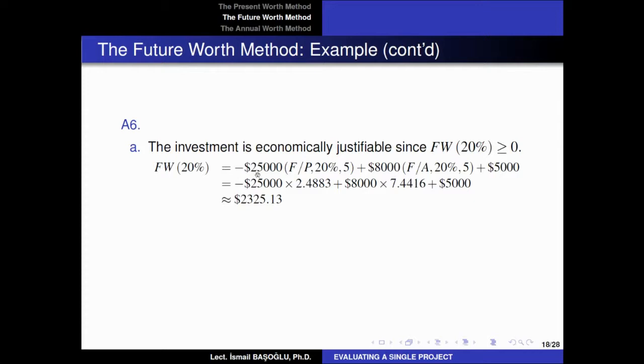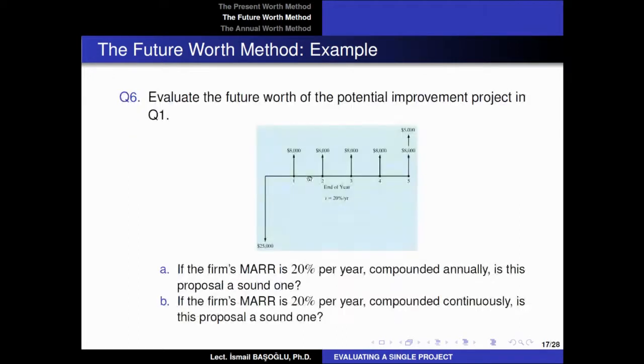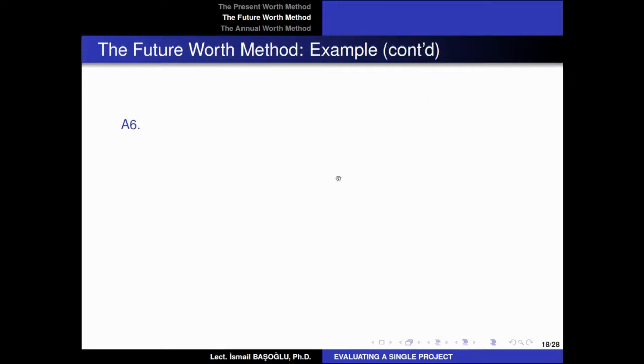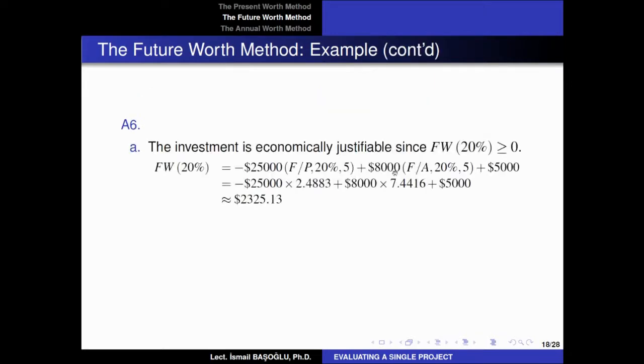So first of all, the initial investment of negative $25,000 must be multiplied with the single payment compound amount factor F over P under 20% interest rate for 5 years. Plus, we have a uniform series of $8,000, as you can see, and we need to multiply this $8,000 with the uniform series compound amount factor, F over A, under 20% interest rate for 5 years.